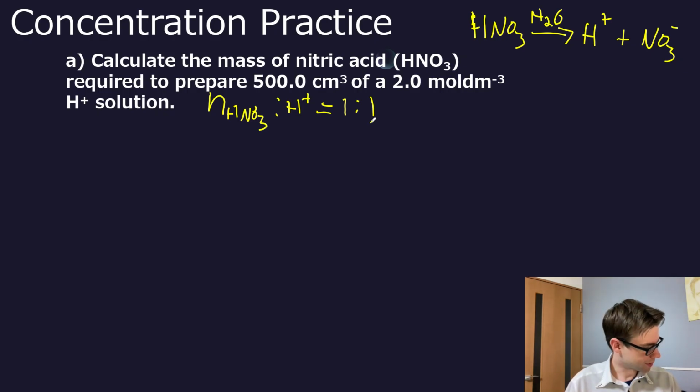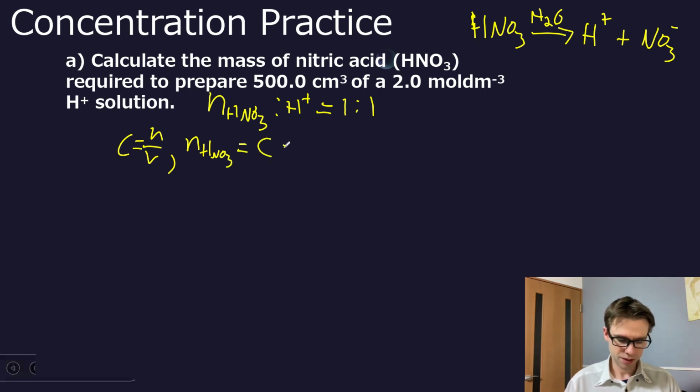Alright, so what's next? I think we'll use C equals n over V. And we want to know the moles of HNO3 required. So this is going to be C times V, which are provided in the question, 2.0 mol per dm3.